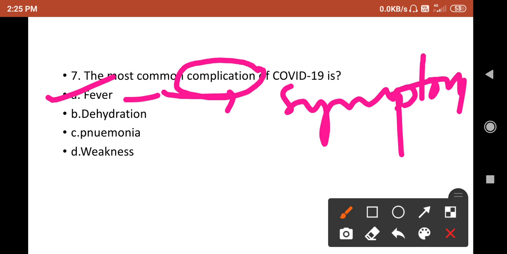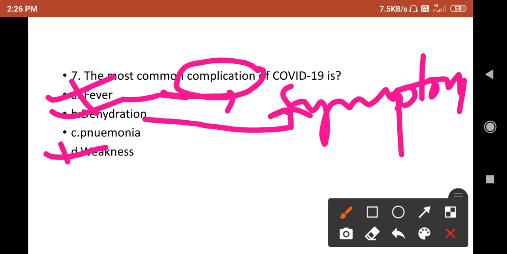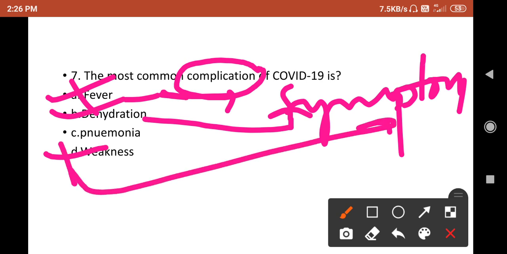Who would say that fever would be a complication? It's just a symptom of COVID-19. Dehydration is also a symptom, but not a complication. D, weakness, also stands for a symptom, not a complication.